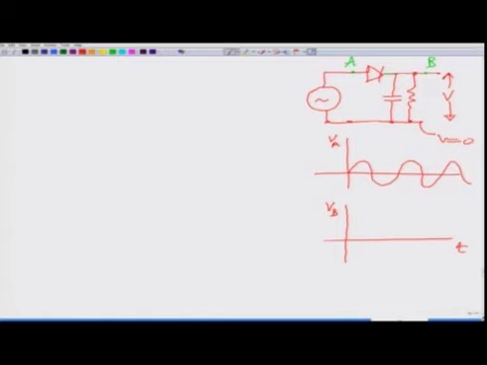As this voltage increases, the diode is forward biased, and therefore, it allows current to go, and that current goes in this capacitor as well as in this resistance, and hence the capacitor will get charged, and once the capacitor gets charged, it will charge up to this maximum. So, up to this time, let me draw a line to show the time to some extent.